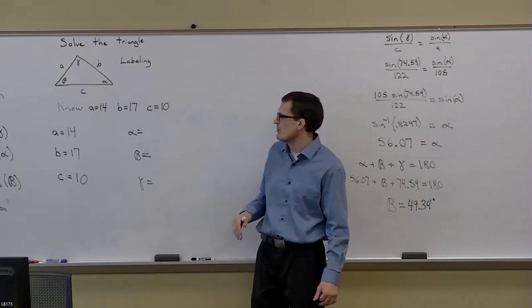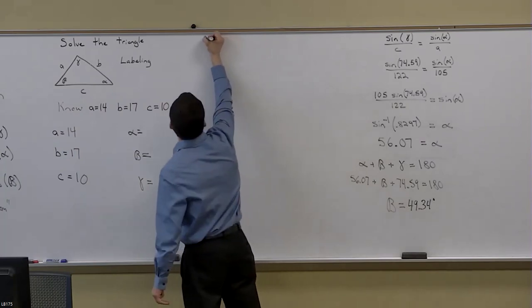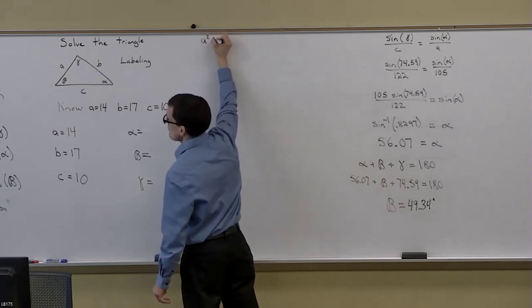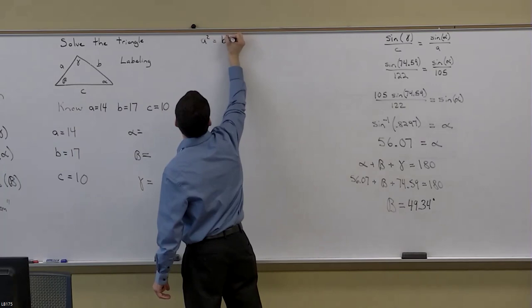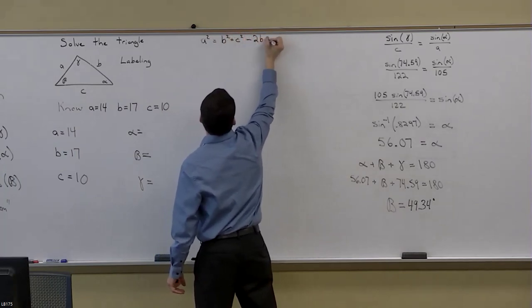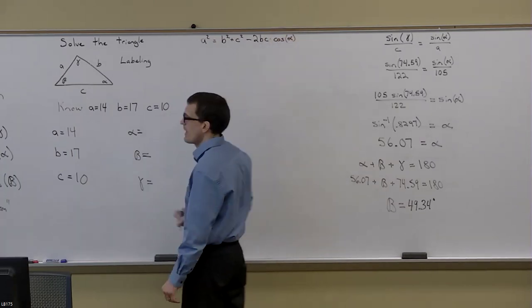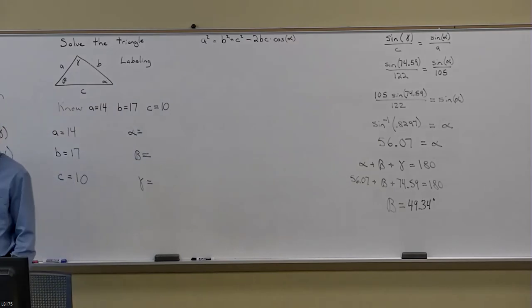This time I'll use the one that involves alpha, I guess, just to show you that it really doesn't matter. If you want to go through the whole process and solve for gamma first, by all means do that.